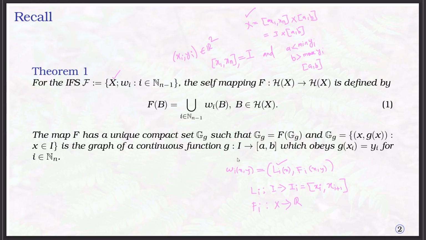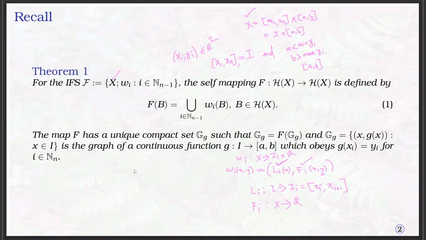Then this Wi is a mapping from X to Ii cross R. Since the Li maps to Ii, therefore this Wi maps X to Ii cross R. Now, this Li we have taken as a contraction which controls the x direction. Fi we are taking as a contraction with respect to the second variable, which controls the y direction.